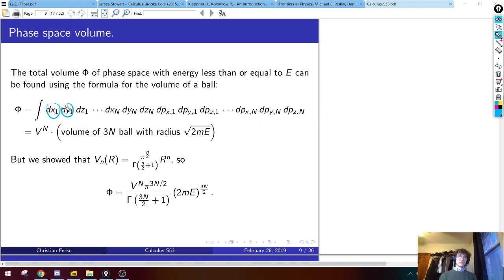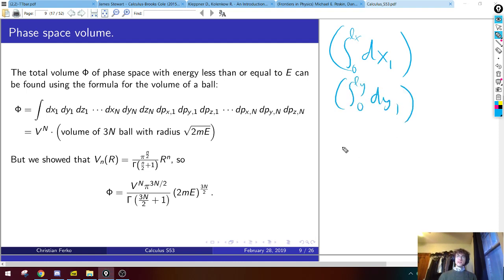All of the x, y, and z integrals are totally trivial because for integral dx1, for instance, well, what are the bounds of integration that I've left out? The bounds of integration over the x coordinate is just the length of the box, right? The length of the box along x goes from 0 to Lx. The integral dy goes from 0 to Ly, and so forth.